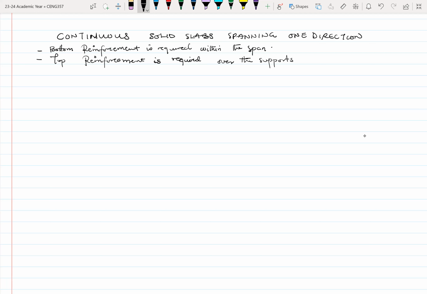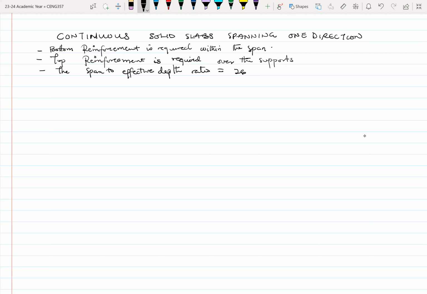All right. So typically you'll see that the span to effective depth ratio, I know I always put effective in front, the span to depth ratio will typically be equal to 26.